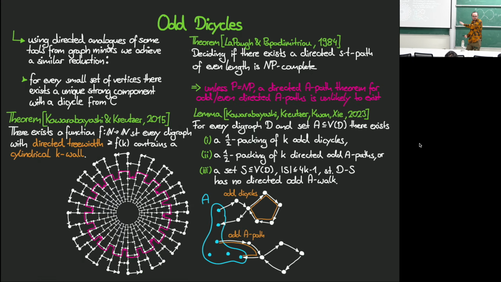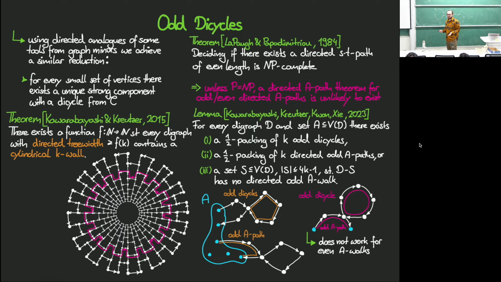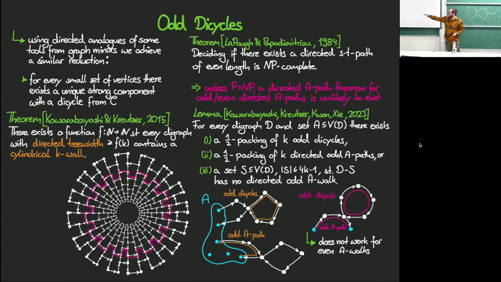It's of course a simplified picture, but in general this is what happens, and this is why we have this nice thing. The trick of course fails if we talk about even things, because an even walk can consist of an odd cycle and an odd walk, an odd path. So no use. You can essentially abandon the idea of using the A-path theorem.